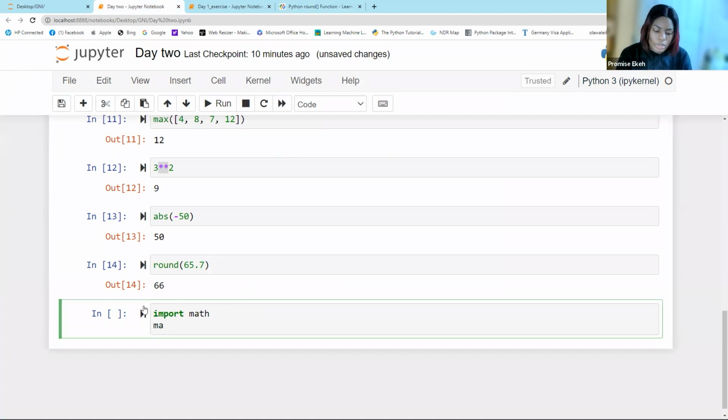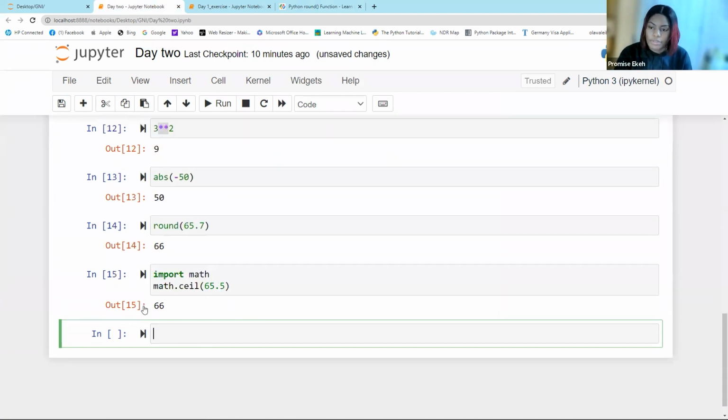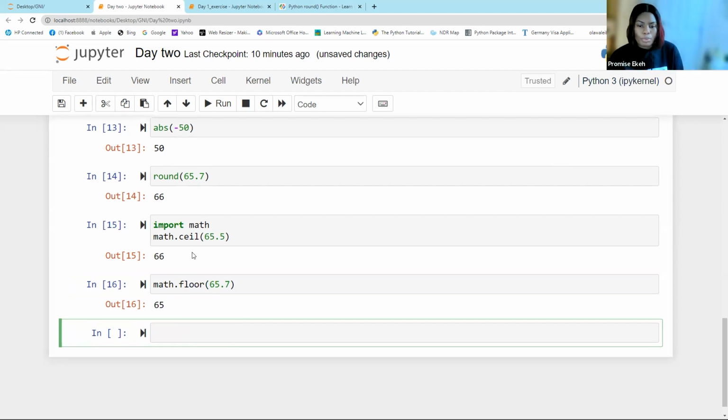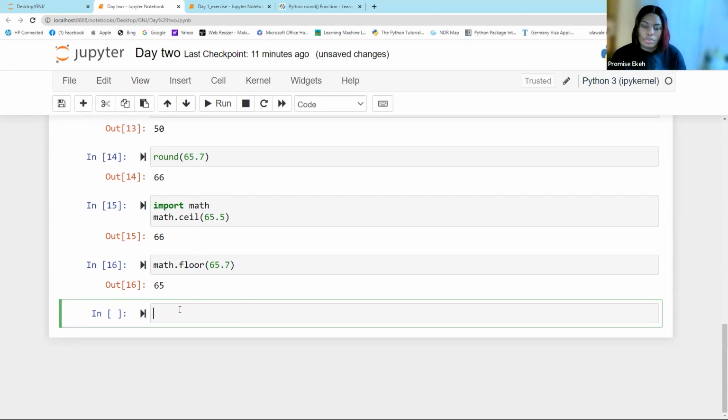If I do math.ceil, so it's like ceiling, it rounds it up. If I do 65.5, it returns 66. If I do math.floor, it rounds it down to the nearest number before that. So if I do this, it gives me 65. So this is how you round up or round down. Then you could also do math.sqrt for square root.